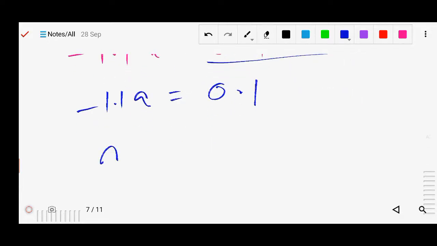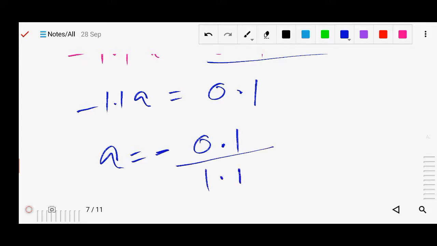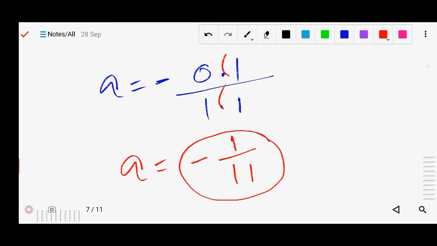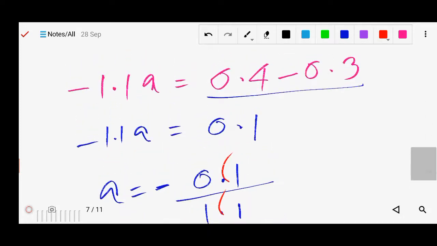Now a will equal 0.1 divided by 1.1 with the minus sign. Okay, now this point will cancel, so a equals minus 1 by 11. Got it? So likewise you can do it.